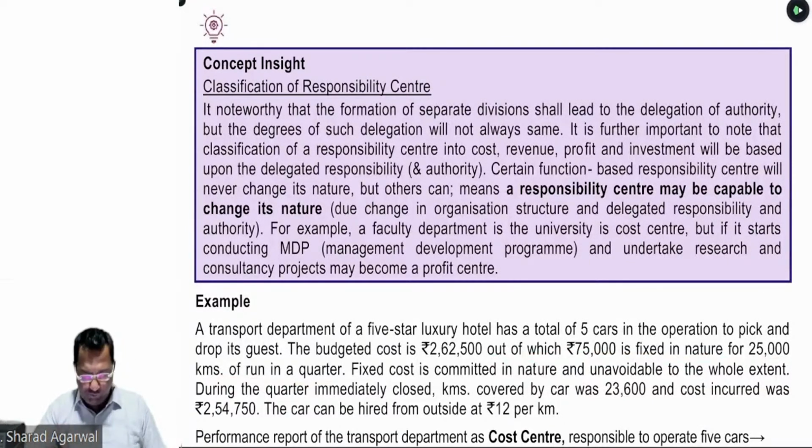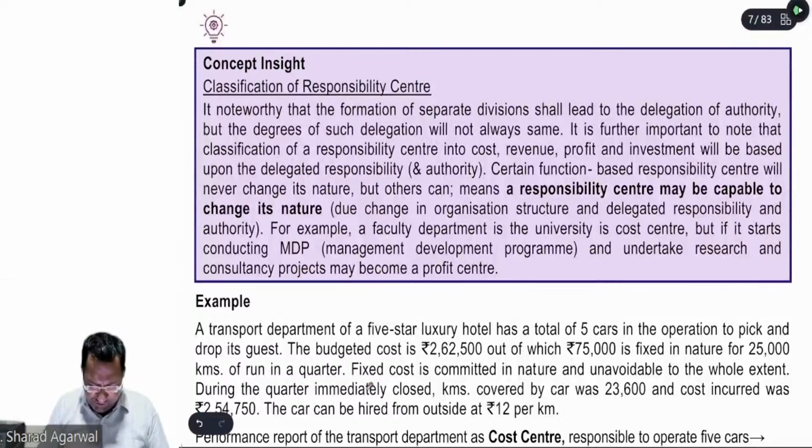So इसका बजट है 2,62,500, जिसमें से 75,000 फिक्स्ड इन नेचर है, और इनका जो टारगेट है टू पिकअप एंड ड्रॉप के जो किलोमीटर्स होंगे वो अप्रोक्सीमेटली 25,000 किलोमीटर होंगे. Fixed cost is committed in nature and unavoidable to the whole extent. ये नहीं भी बोलता तो भी हम यही अज्यूम करते हैं.